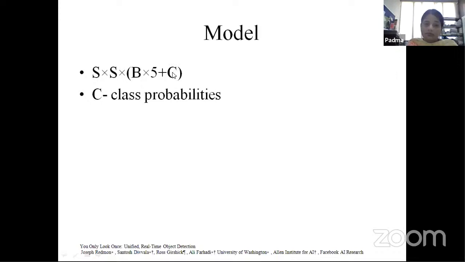For some problems, we can have 2 class probabilities. For some other problems, there can be 10 classes that we want to solve our problem with, right? So here is the class probabilities.